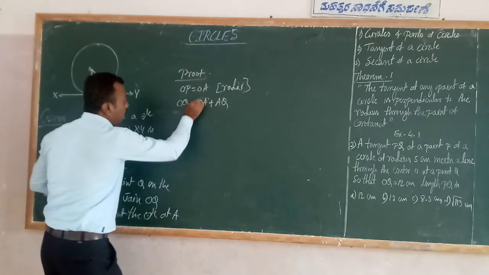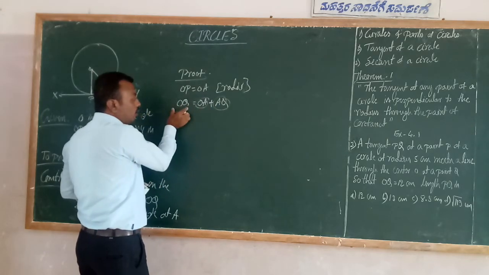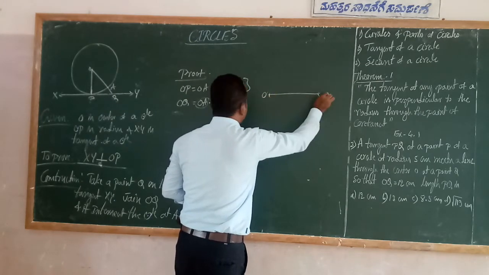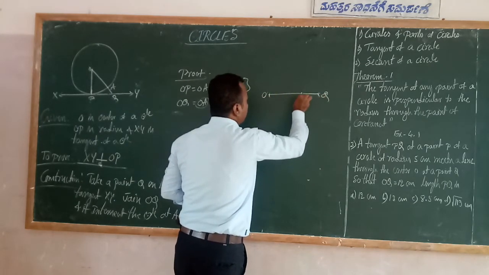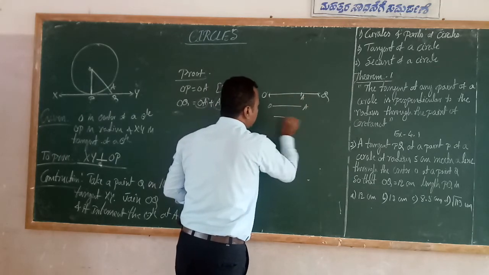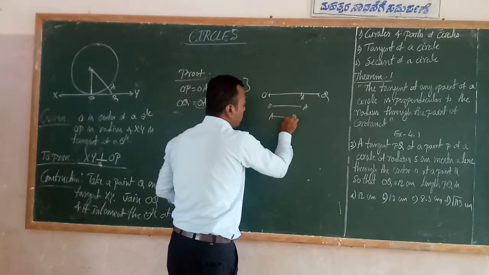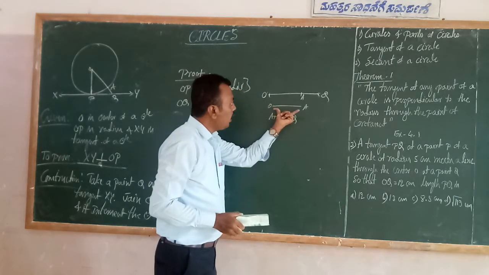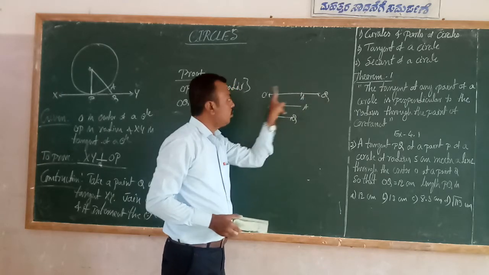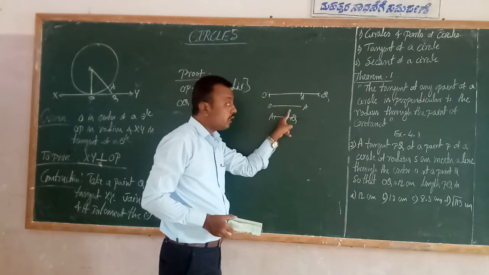So it is indicated that these two parts, OA and AQ, are less than OQ. For example, see students, this is OQ. This is A. This is OA, and this line segment is AQ. We compare OA and OQ. OQ is greater than OA, or OA is less than OQ.